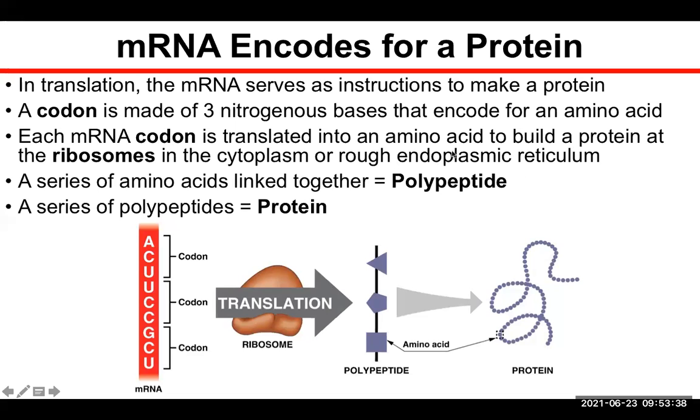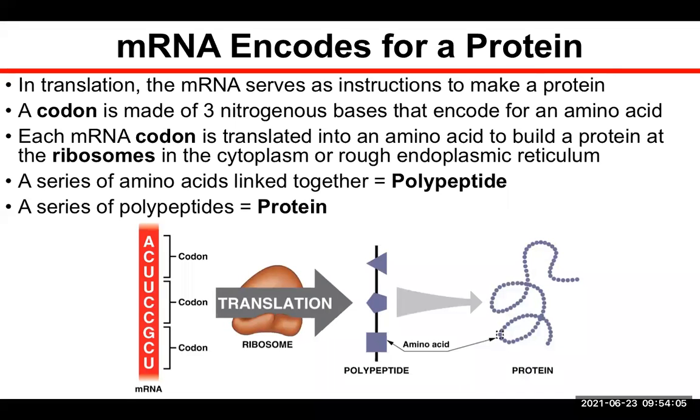So think of the amino acid as the fundamental building blocks. And then a polypeptide is many amino acids linked together. I think after a series of 50 amino acids are strung together, that's technically considered a protein.